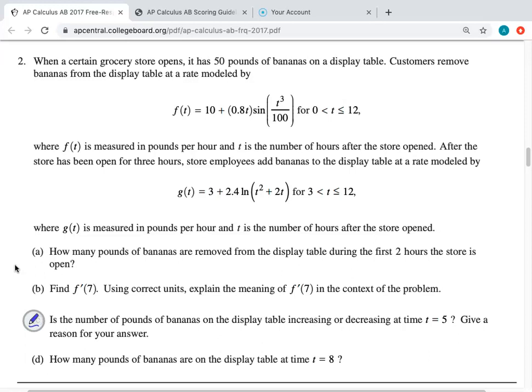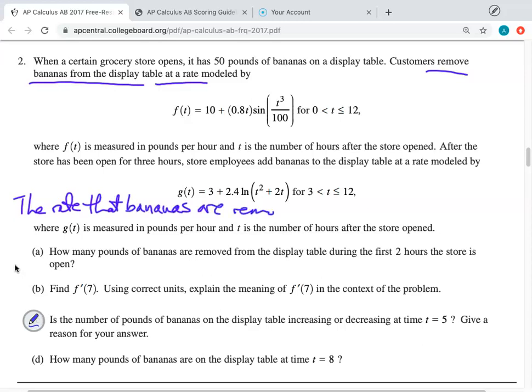Here's what you say. What does f of 7 represent? Use their words. All right. F of 7 is the rate that bananas are removed from the display table, right? So you would say the rate that bananas are removed from the display table.